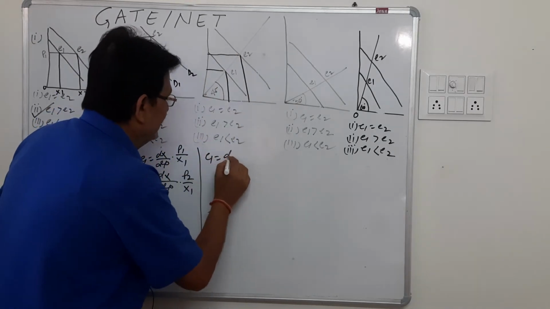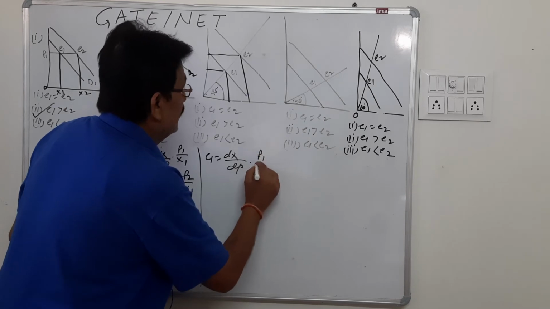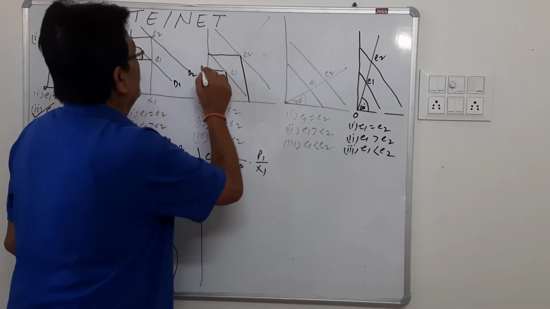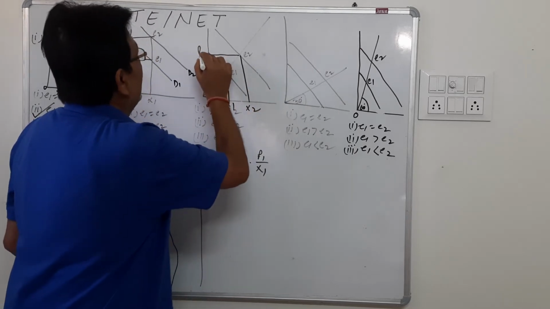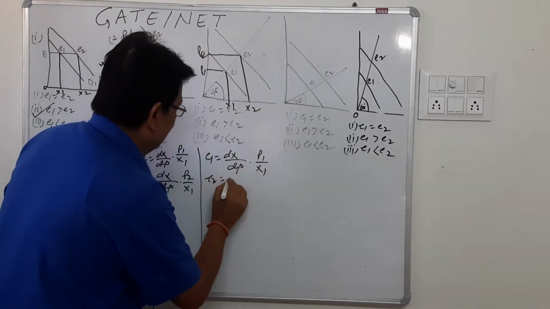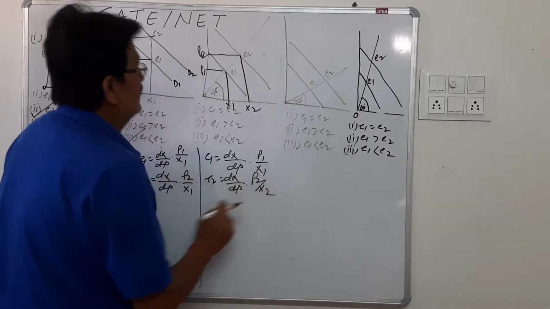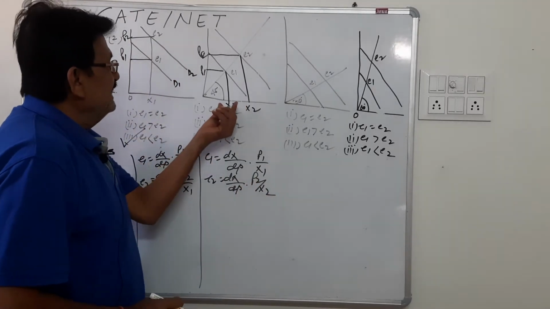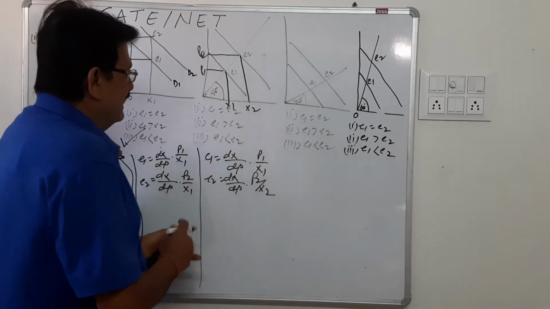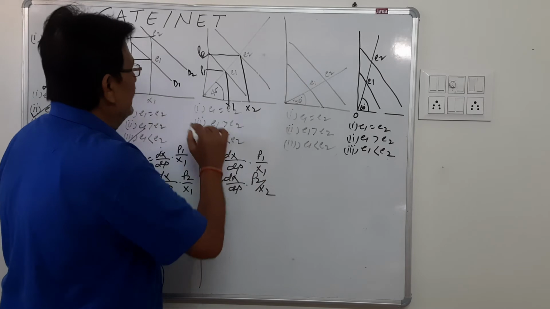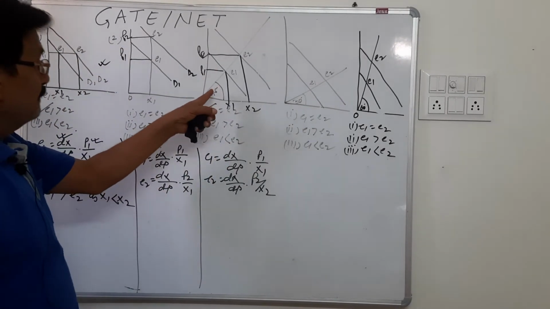So E1 is dx by dp times P1 by x1, and E2 is dx by dp times P2 by x2. Now the proportionate change in demand is exactly equal to the proportionate change in price. So this ratio remains constant, and E1 would be equal to E2, no change in elasticity if this is a 45-degree line.